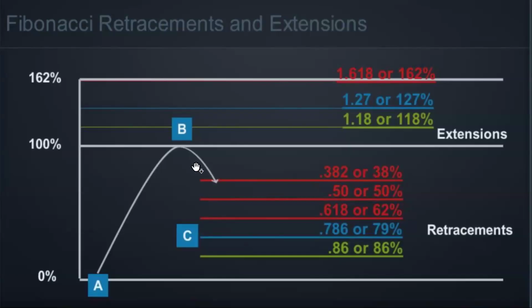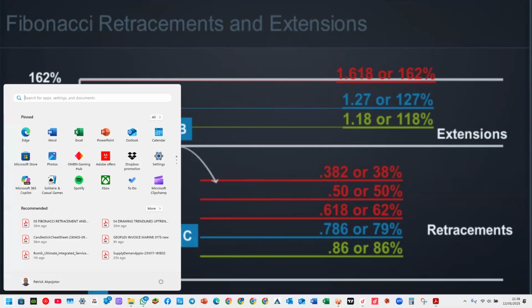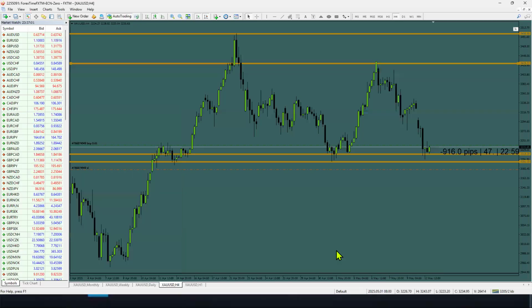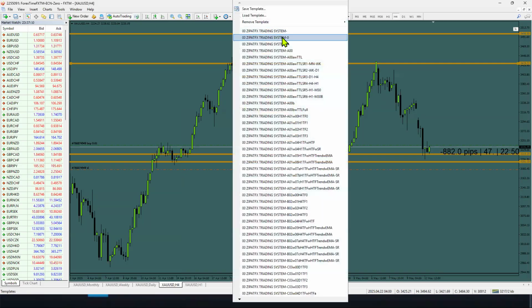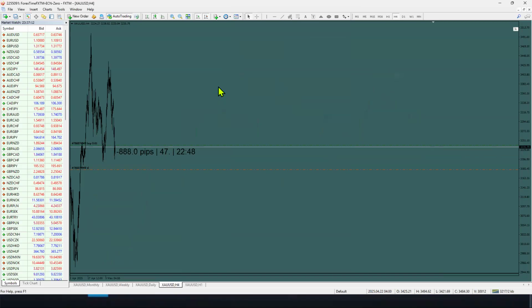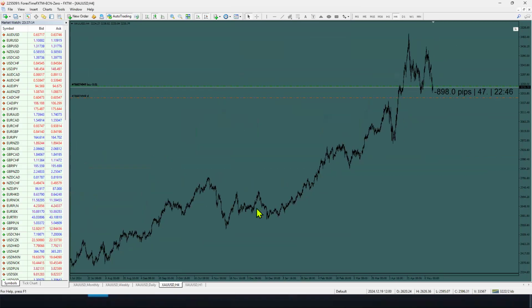Now, when the market moves and gets to 38.2, when you are looking at the chart, you are not going to see 38.2 on the chart. If I go to the chart now, as you are looking at this chart, there's no 38.2 and there's no 61.8. Imaginary, it exists, but it's not visible to your naked eyes.